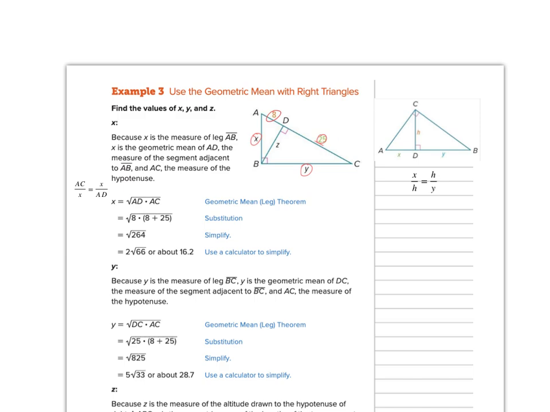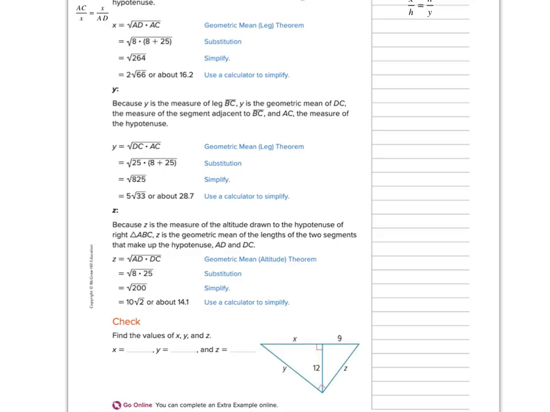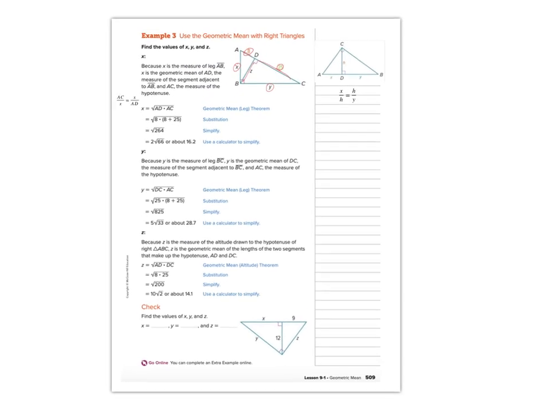They said find the values of x, y, and z, because we know that here AB, x is the geometric mean of AD. So let's see here, I got Z, which is going to be the geometric mean between AD and DC. So I'll skip down here and do that one real quick because that one seems to be the easiest.